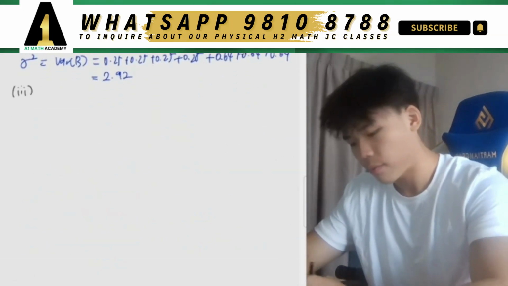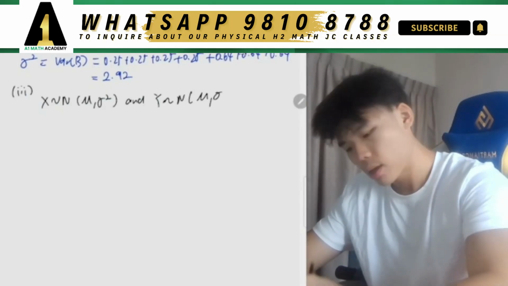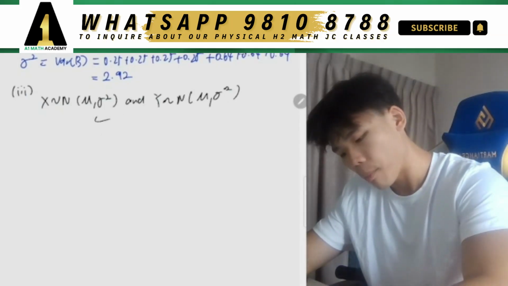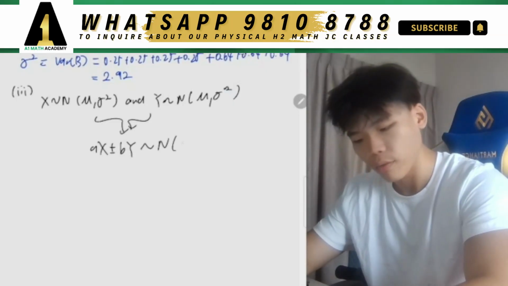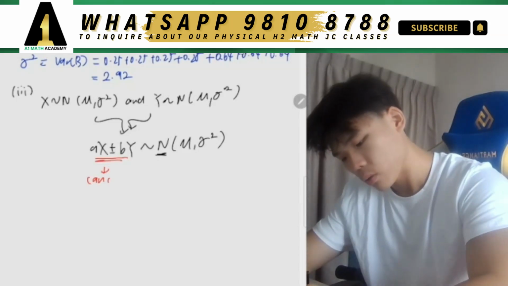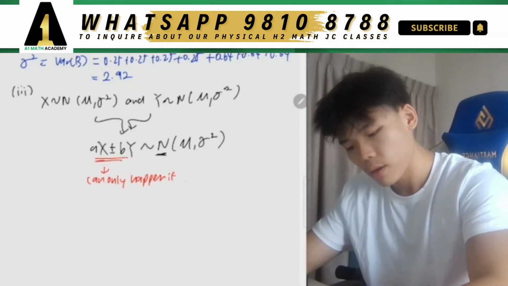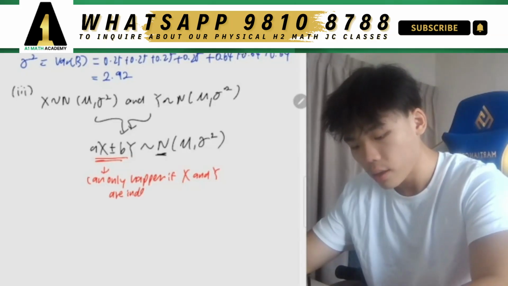So let's say I have 1 here and something here, right? In order for us to combine these two into something that looks like this, and to say that they follow a normal distribution themselves, this can only happen if X and Y, the two random variables, are independent of each other, right?